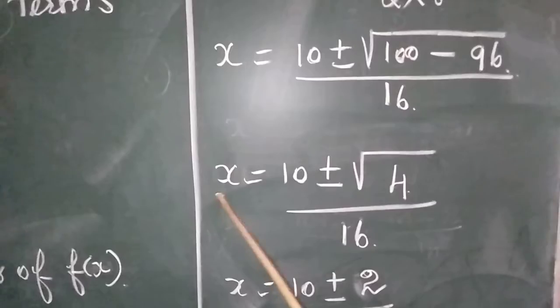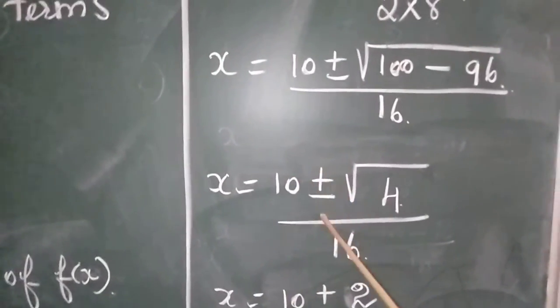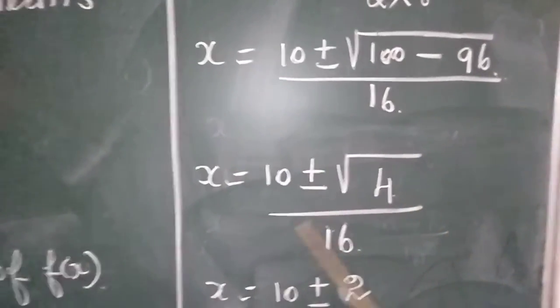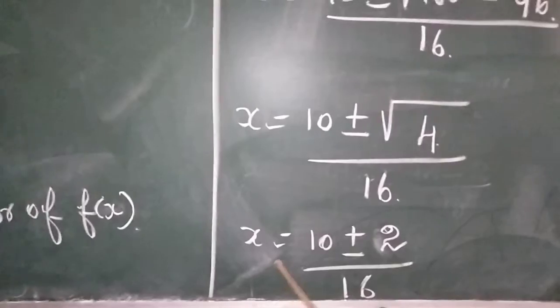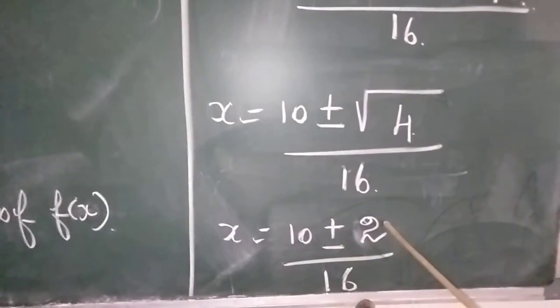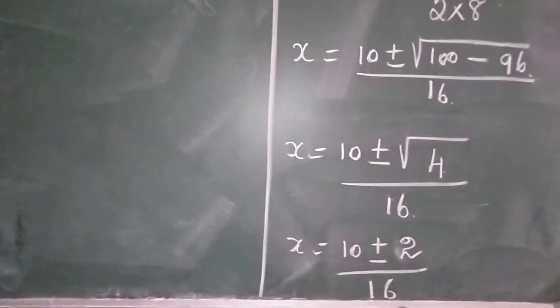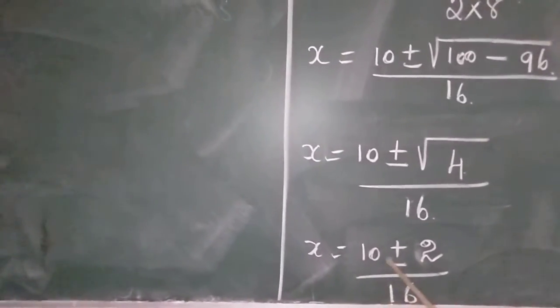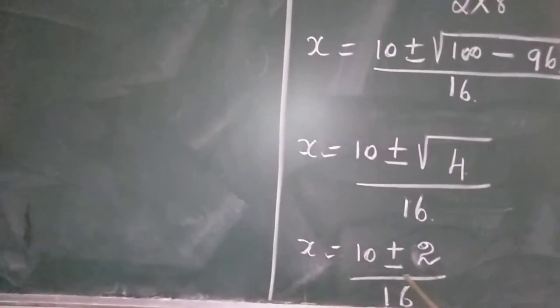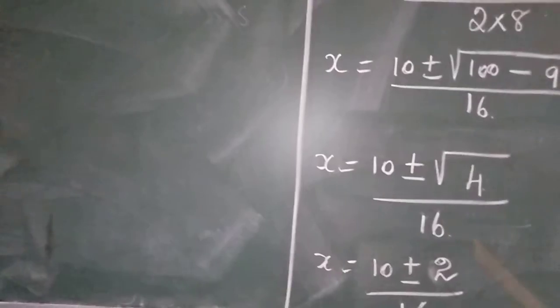Now x equal to 10 plus or minus square root of this, minus 10 the whole square will become 100, minus when you multiply these three numbers we are getting 96, and divided by 16. Now if we subtract we are getting x equal to 10 plus or minus square root of 4 divided by 16. Now x is equal to 10 plus or minus 2 by 16. Now we are going to simplify this one. First we'll take plus and next we'll take minus and simplify in order to get the roots of x.